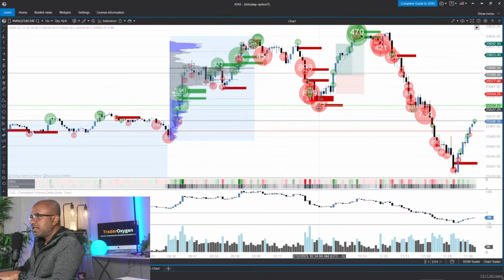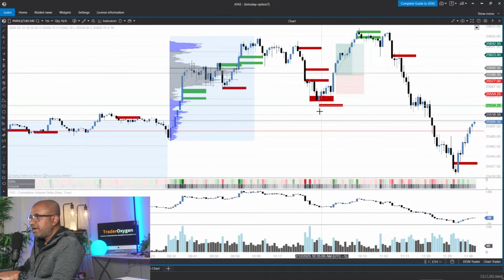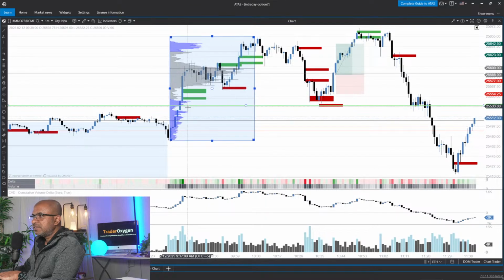And also you can see this retracement, if I remove the big trades, I will show you. This retracement came all the way into this low volume node over here. Now this is what smart money traders call fair value gaps.